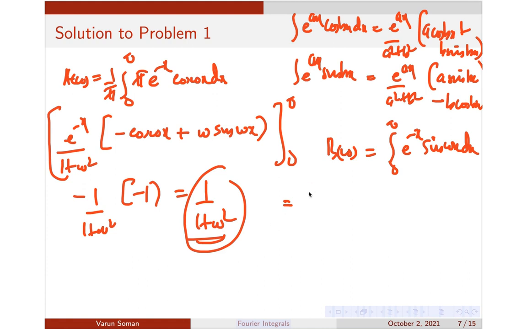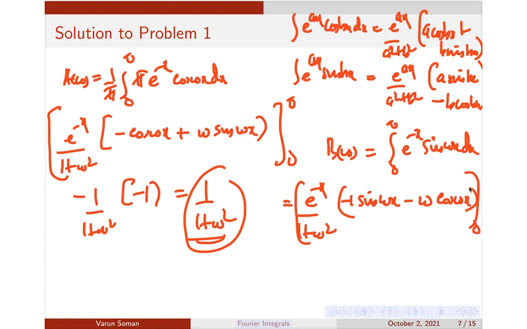When you do it here, we will get e raised to minus x by 1 plus omega square. Here it will be a sin bx, where a is minus 1, so minus 1 sin omega x minus b, which is actually omega here, omega cos omega x. So when you put the integral from 0 to infinity, when you put infinity, e raised to infinity will become 0 there.